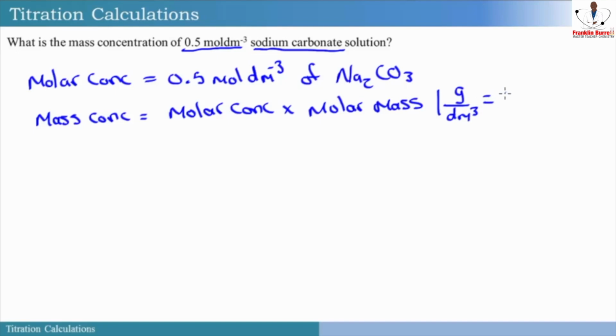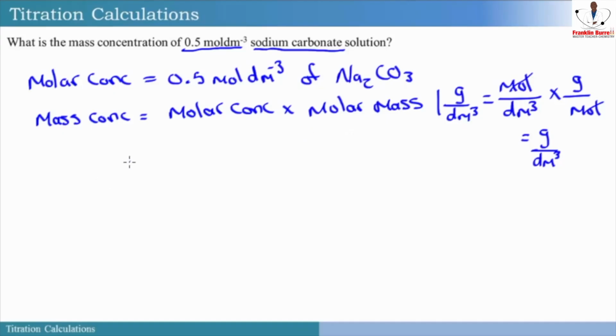So for molar conc, it is moles per dm cube, and for molar mass, it is grams per mole. So you see where mole cancel mole, so my unit is still grams per dm cube. So the relationship that we will use to calculate mass concentration whenever we're given molar concentration is mass conc equal molar concentration times molar mass.